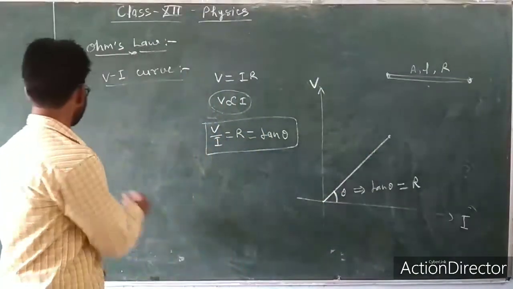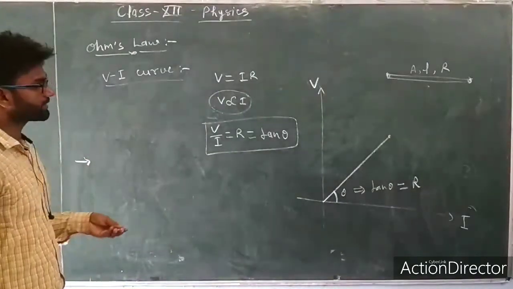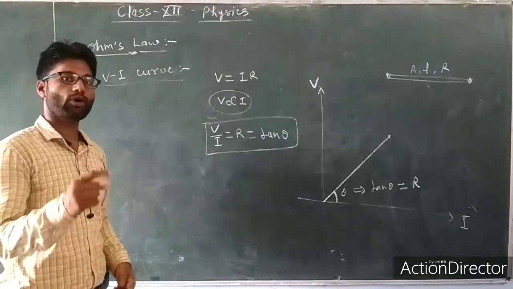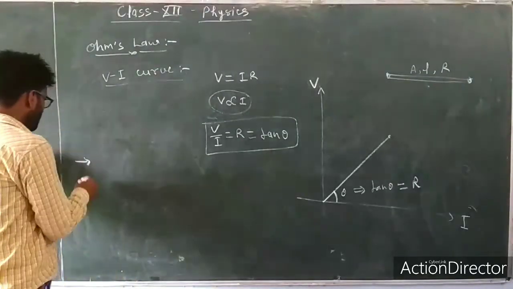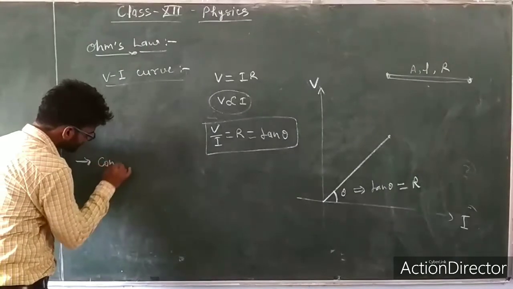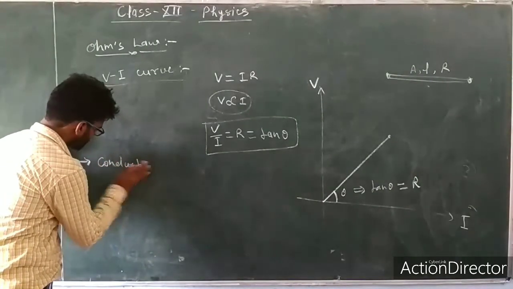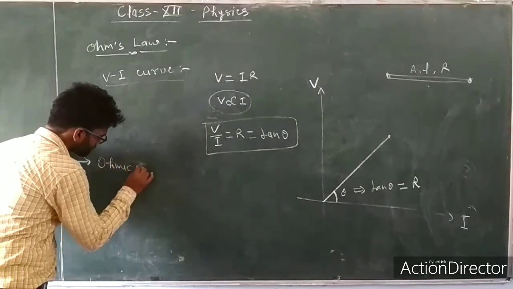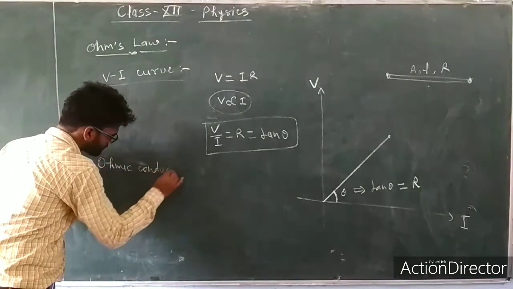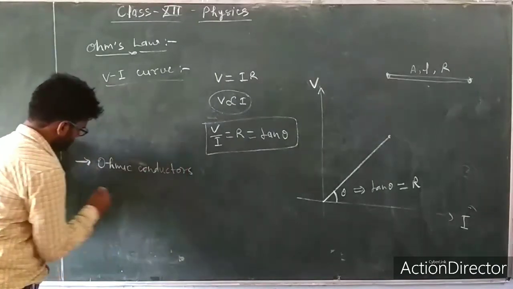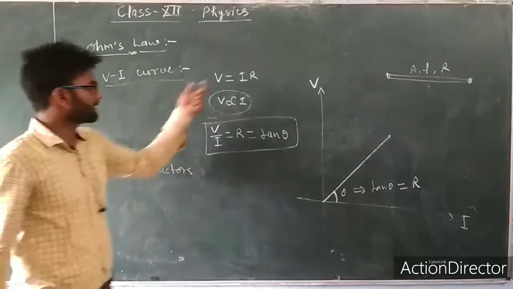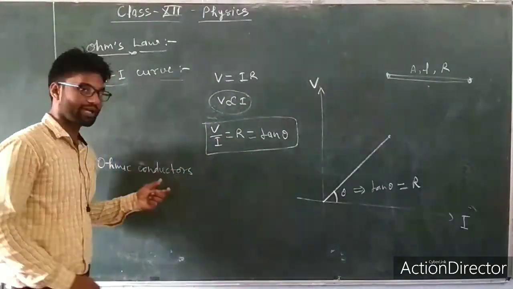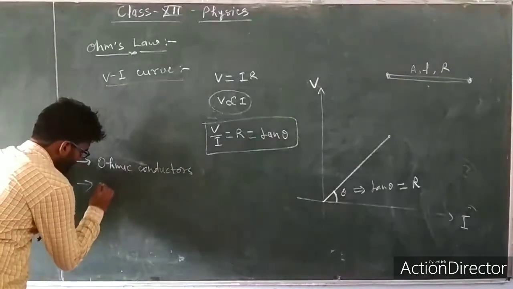The conductors which follow Ohm's law are called ohmic conductors, and the conductors which do not follow Ohm's law are called non-ohmic conductors.